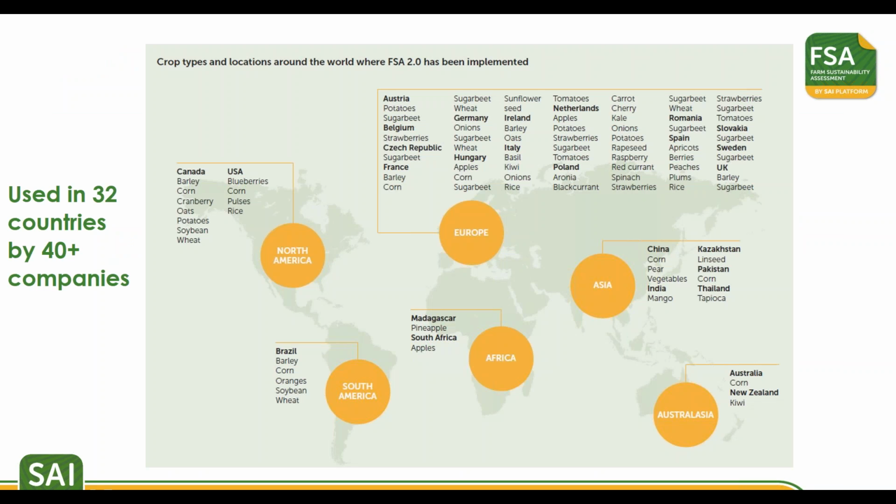Of course, we have many projects on the FSA outside of SAI Platform where we provide some support to our members and non-members, but it's really being implemented in apparently over 32 countries by more than 40 companies, and I'm not sure how many commodities are actually listed here, but it's really quite a wide range. And of course, we're striving to gather the learnings from all of these projects that are ongoing and share that amongst our membership.